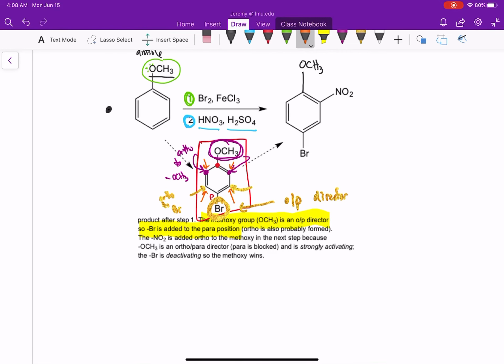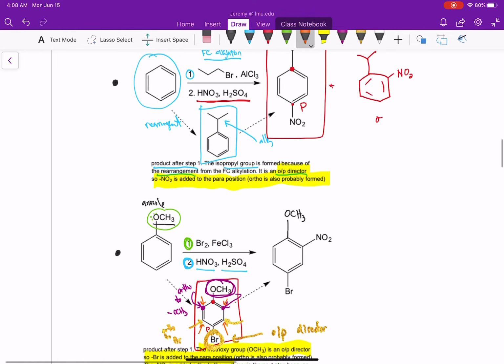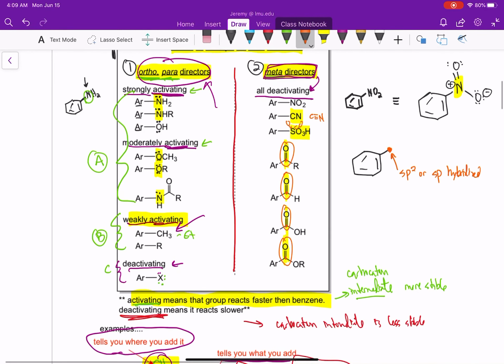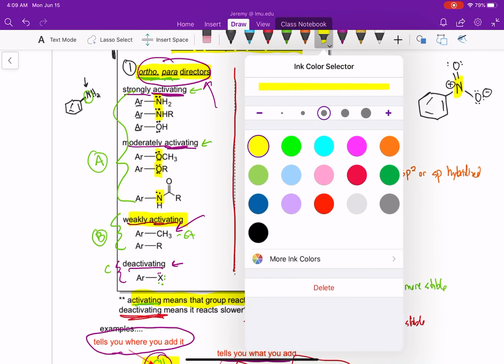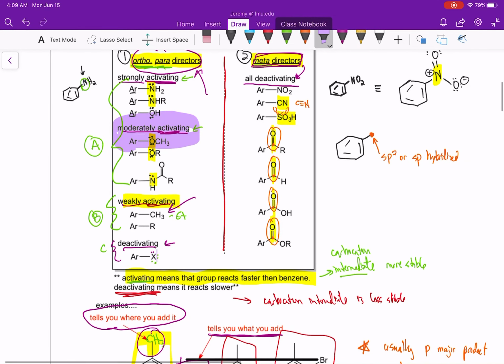When there's a disagreement, we have to now consider whether the groups are activating or deactivating. So if we go back to our column here, let's get a different color and let's label our groups, right? We had our OCH3, that's moderately activating, and then we have our halogen, which is deactivating.